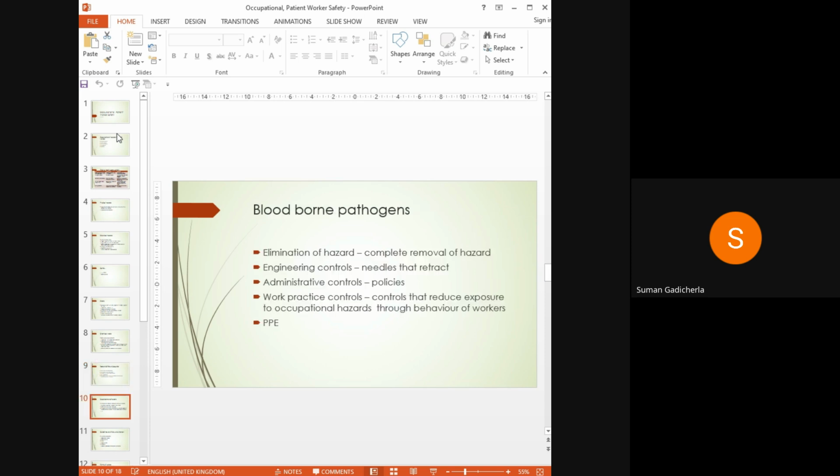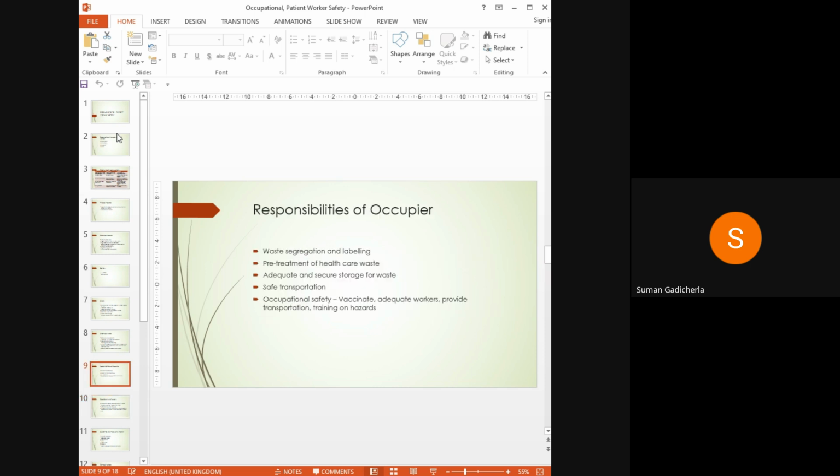And what are some of the bloodborne pathogens that we see? Among this bloodborne, when we look at the responsibilities, an occupier has to provide all these things. There are also the rights of the worker.